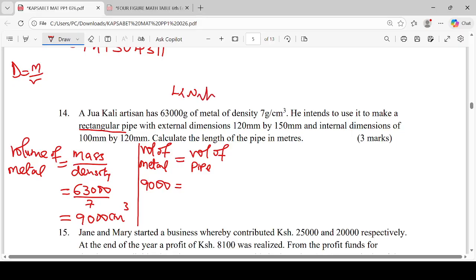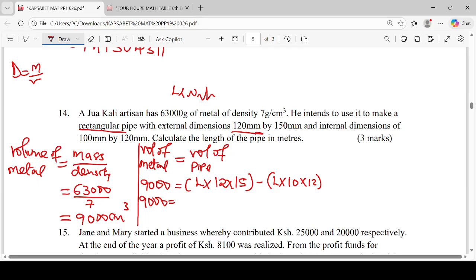So let me calculate the external volume. The external volume will be given by the length, which I don't know, multiplied by the width, which is 120 millimeters. That is just like saying 12 centimeters times 15 centimeters, minus the internal dimensions, the length I don't know, times the width, which is 10 by 12.